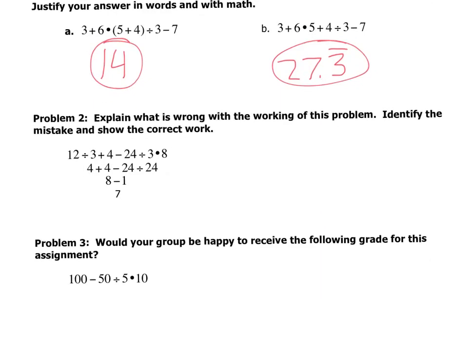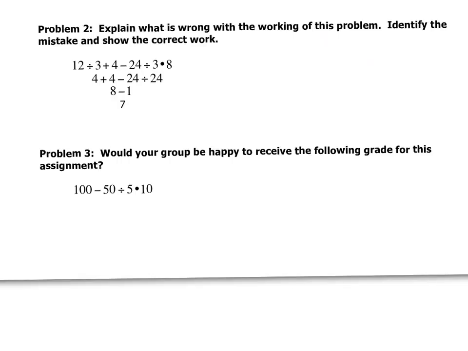Okay, problem 2. Explain what went wrong. I really like problems like this, so you'll probably see them often. Okay, problem error analysis is what it's called. Yes, sir, you are an A, a C. Chase. Yes. Okay. They multiplied the last one before they divided it.